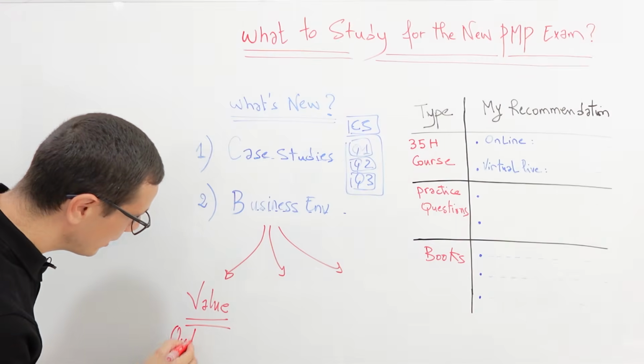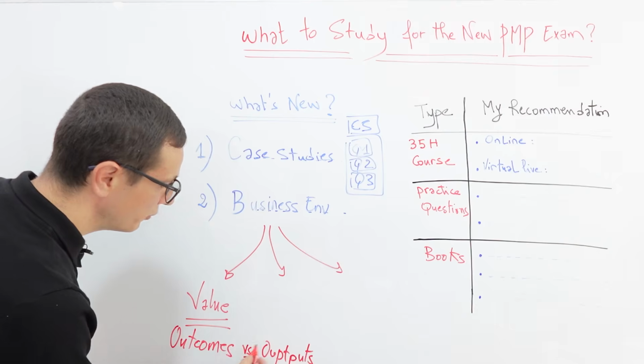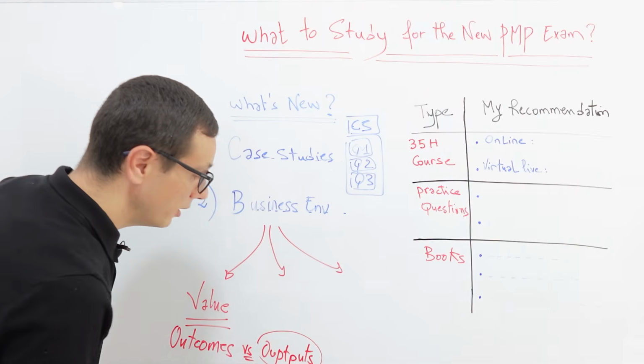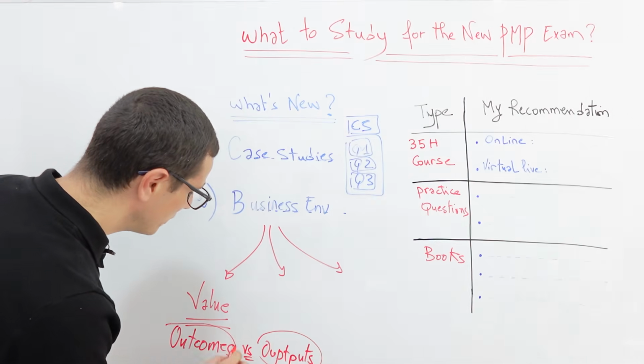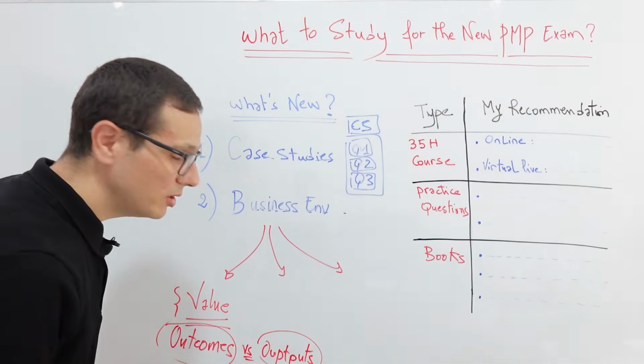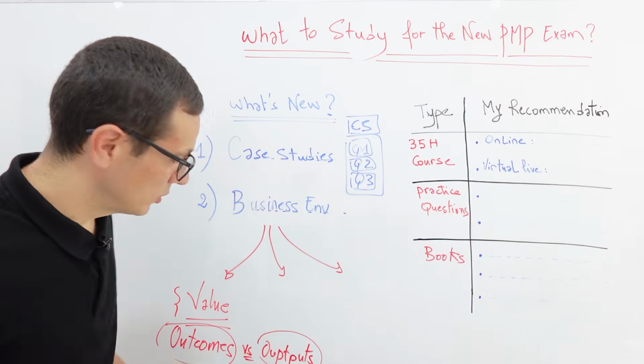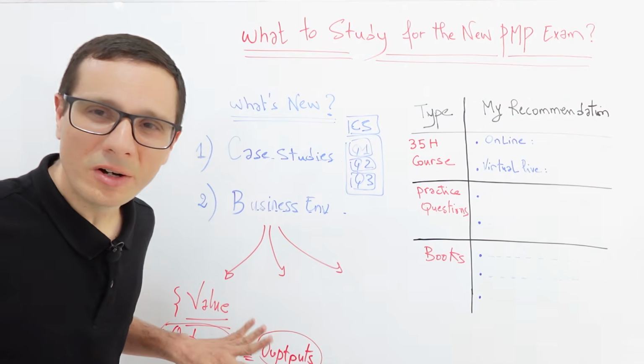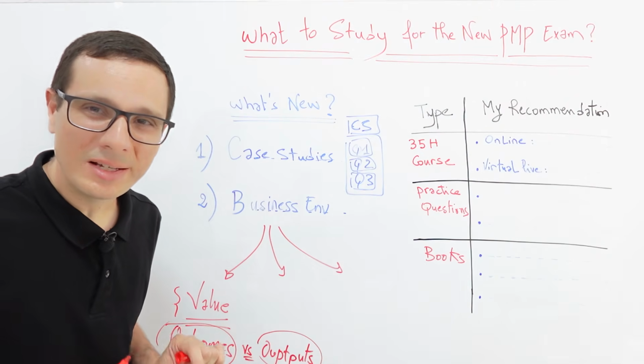So here, outcomes versus outputs. Before, we were focusing on delivering deliverables, but now we are focusing on delivering value and achieving the objectives of the project. So this is something that you need to be focusing on during the exam questions.